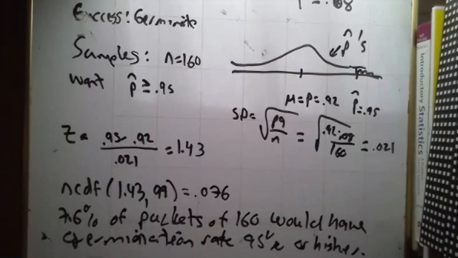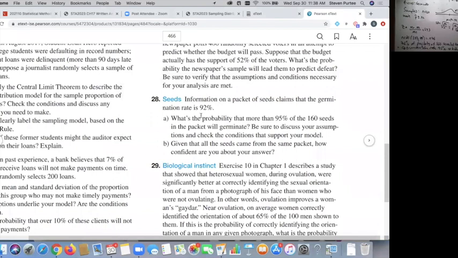Or we could literally just take the question itself, reword the question, and tack on 7.6%. So the question was, what is the probability? So we could just say, the probability that more than 95% of the 160 seeds will germinate is 7.6%.